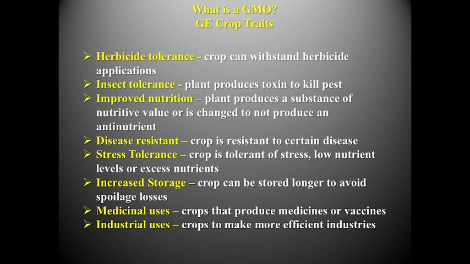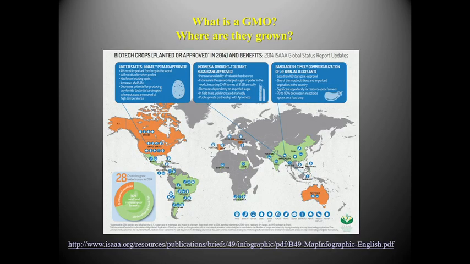Then medicinal uses, in pharmaceutical uses for the production of vaccines, vitamins, proteins, all these things. Industrial uses, crops made more efficient for industries. These are the different applications we can utilize. GMOs are grown all over the world. Mostly genetically modified organisms are developed in developed countries like the USA, which already control GMO.